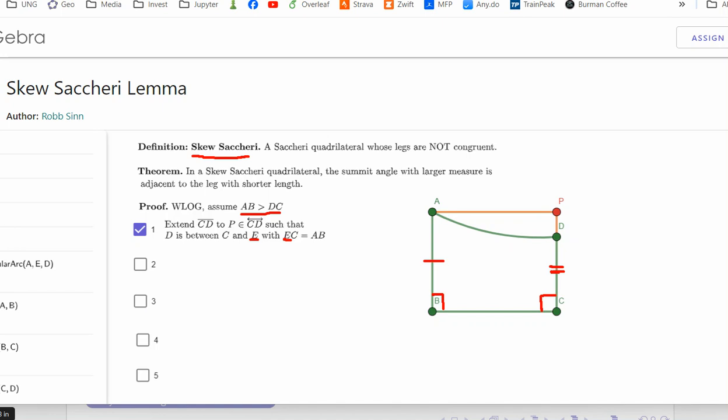Why are we doing that? Now we have a Saccheri quadrilateral, and so for BAP, the summit angles are congruent, so the measure of angle BAP is equal to the measure of angle CPA.